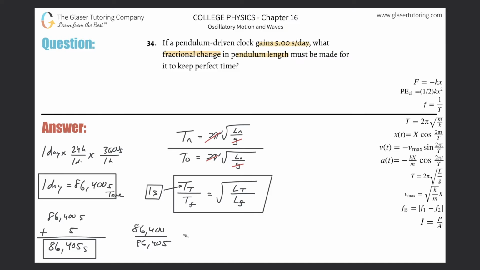Let's see if the answer, though, makes sense. So 86,400 divided by 86,405. What do we get here? So notice we're going to get 0.999942, and so on, seconds.